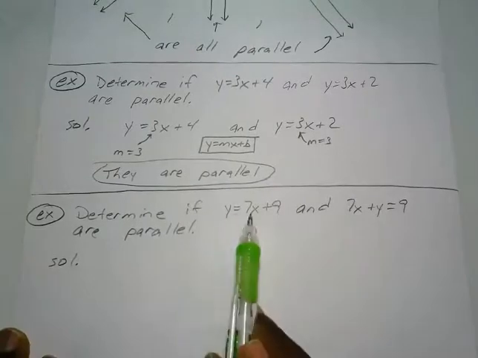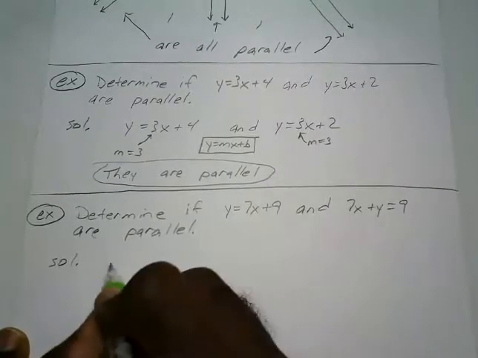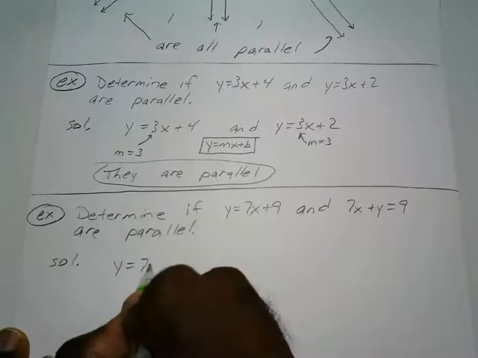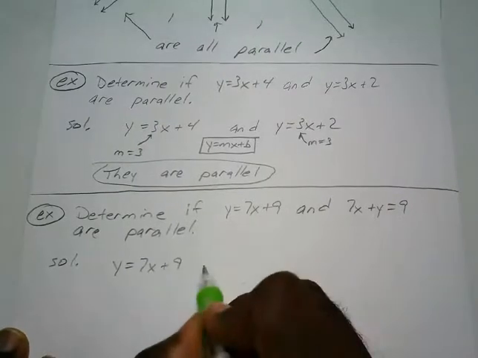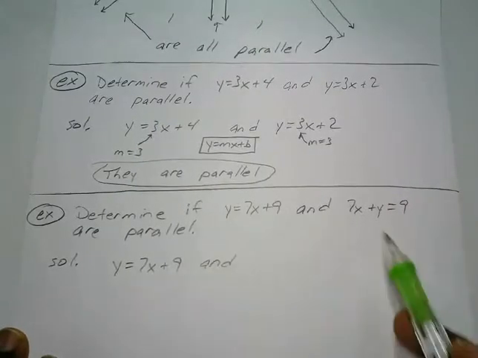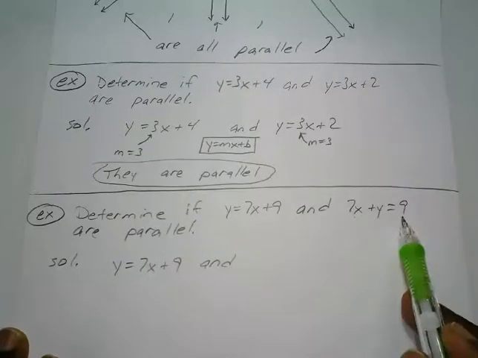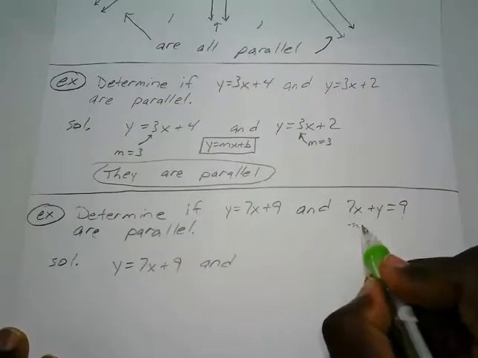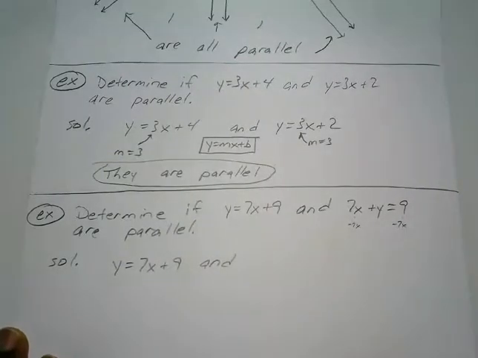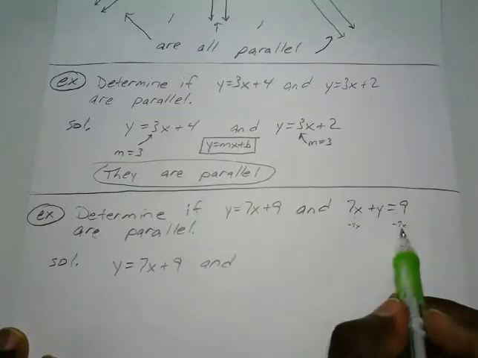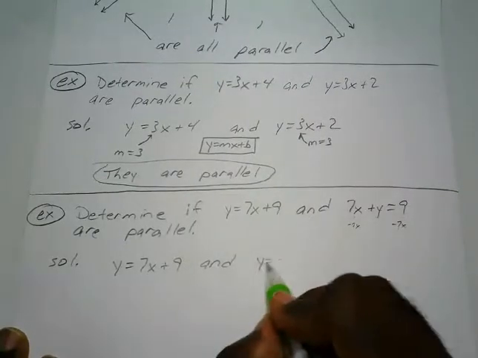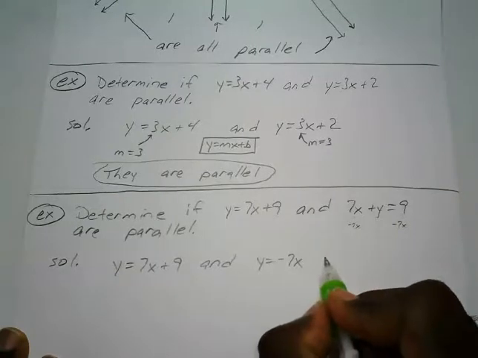Okay, so we have y equals 7x plus 9. And here, if we subtract 7x from both sides, minus 7x, minus 7x, those two will cancel out. So you end up with y equals negative 7x plus 9.